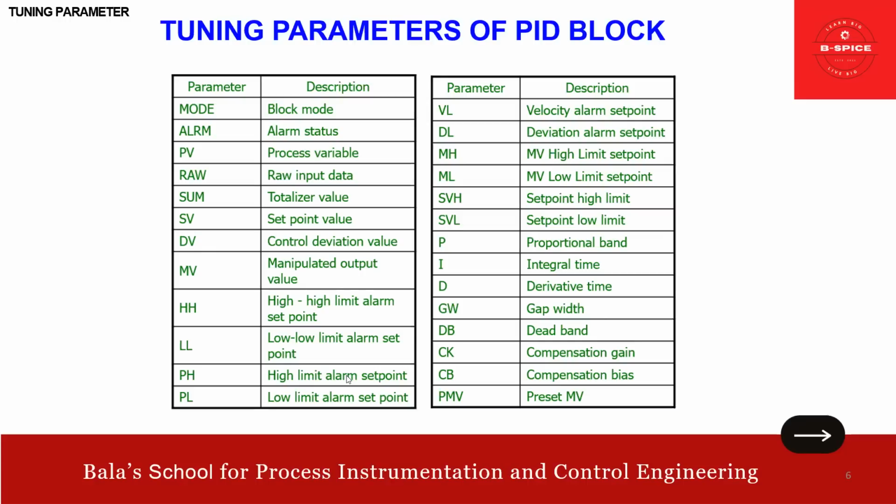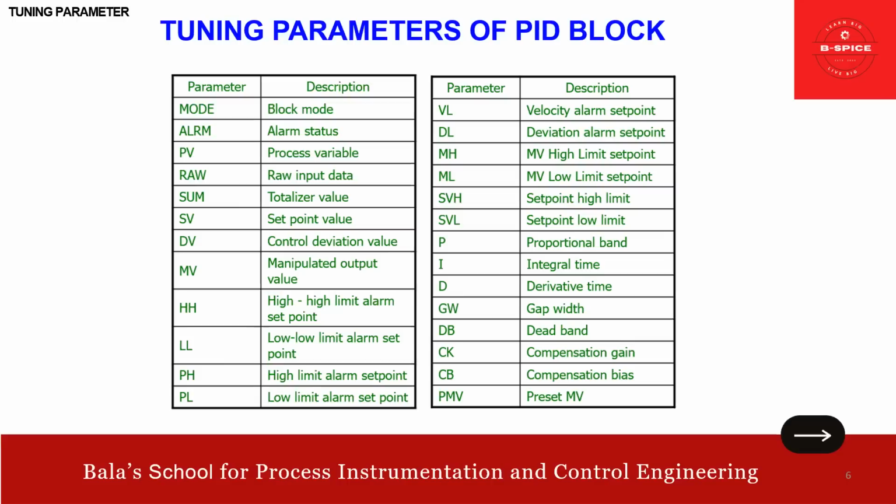PH, high limit alarm, PL, low limit alarm set point. Then VL, velocity alarm set point. You may be asking, what is this velocity? Basically it is a parameter applied to control the process so that we avoid abrupt change. So that is the velocity limit.